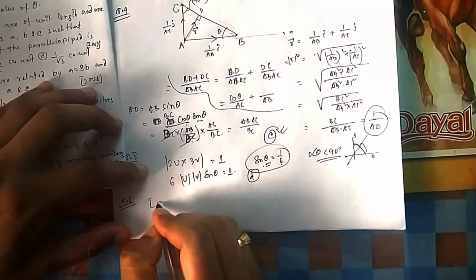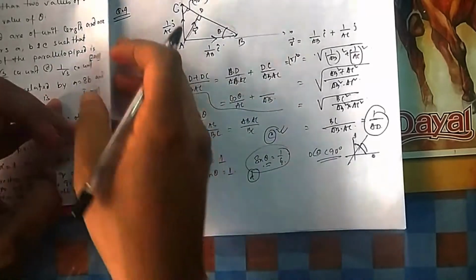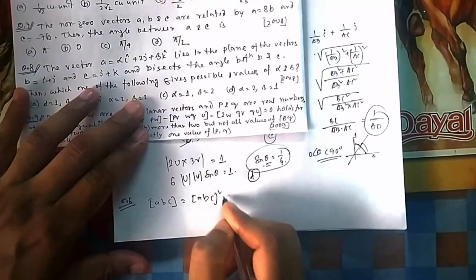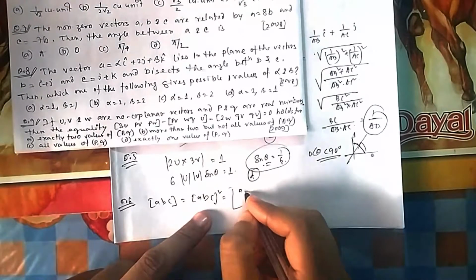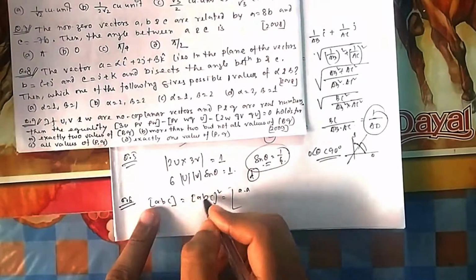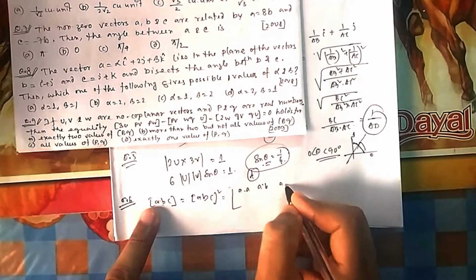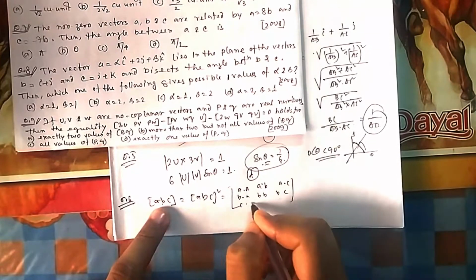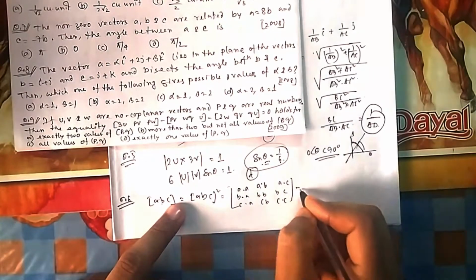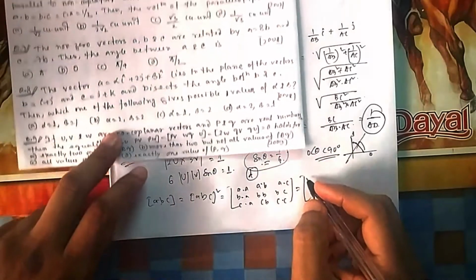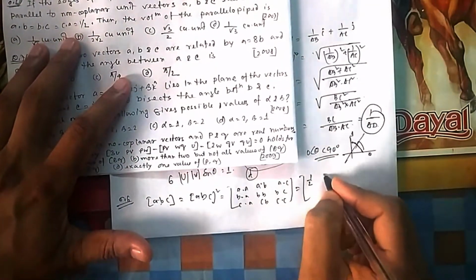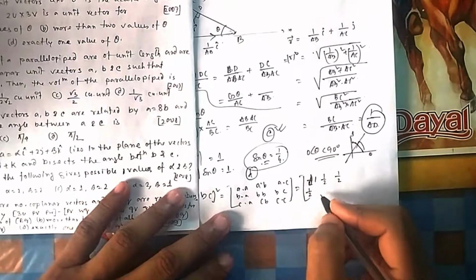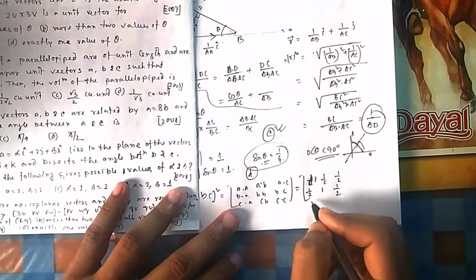That is box ABC. Now because these dot products are given, one good idea is to find box ABC squared. You remember how to do it? A dot A, A dot B, A dot C, then B dot A, B dot B, B dot C, then C dot A, C dot B, C dot C. Because all these values are given, you can put these values: A dot A is 1 because it is a unit vector, B dot B is 1, and the rest are given.